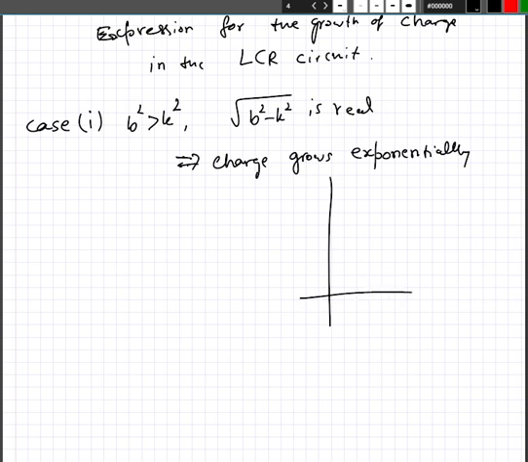So it's just an exponential growth for charge versus time. And it reaches a maximum value. This is also known as dead beat, or also said overdamped.